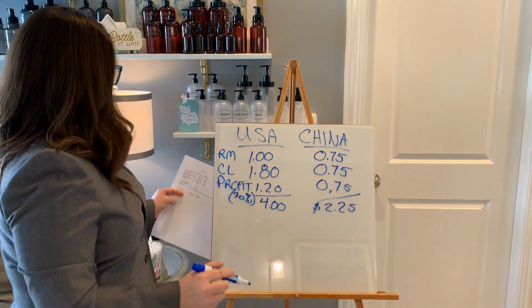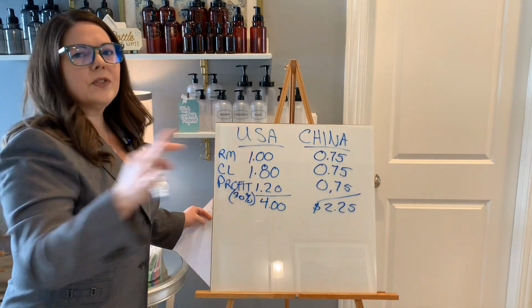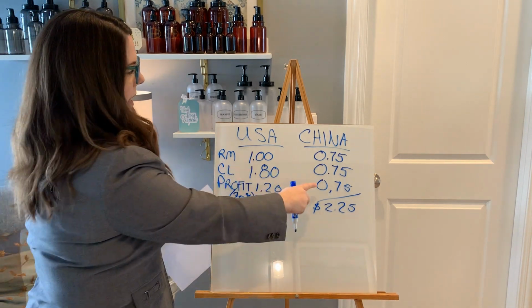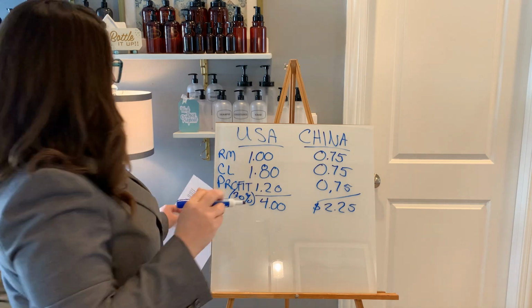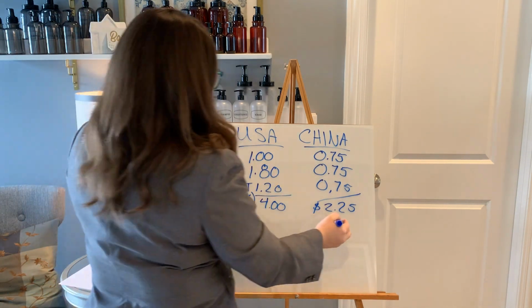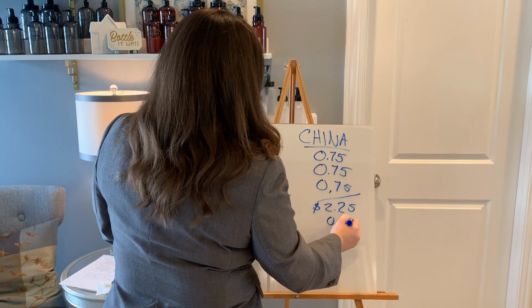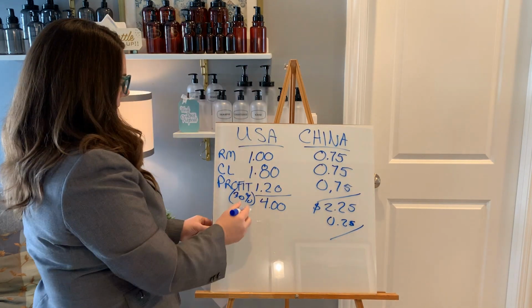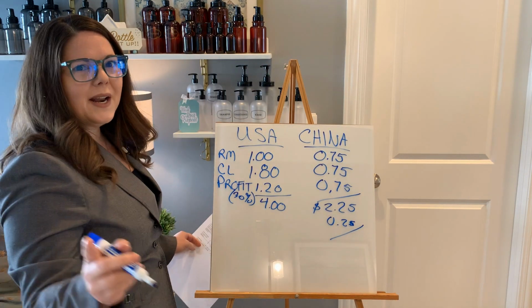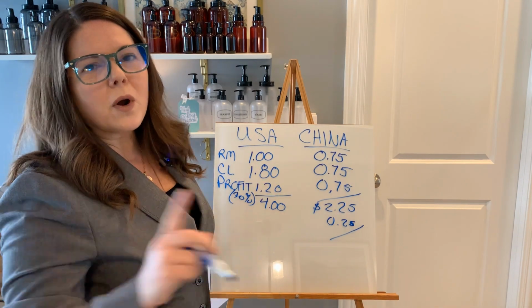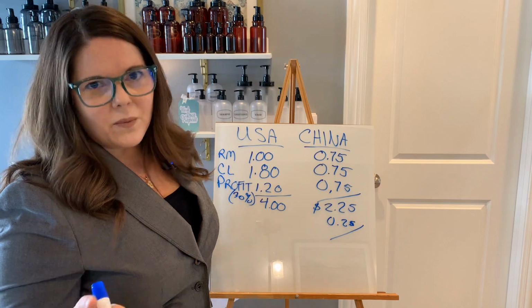Okay? Now, I have to get those goods to me. So in order to do that, if they're coming from China, I have to import. So the cost per unit to import will be about 25 cents per unit in this example. And in the US, it still costs money because we still have to ship it from whoever is making the product for me to my warehouse, okay?